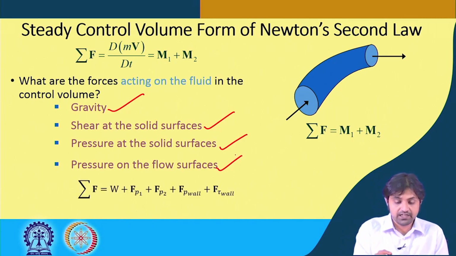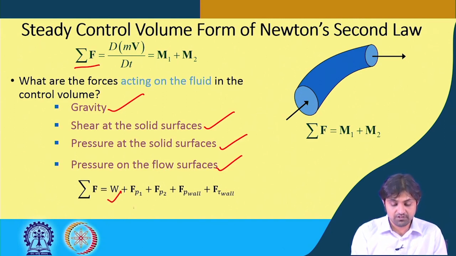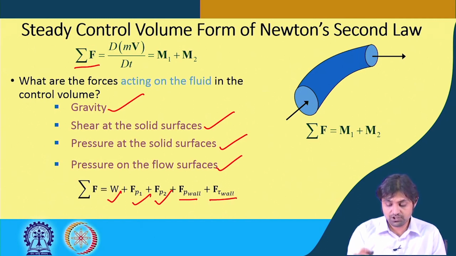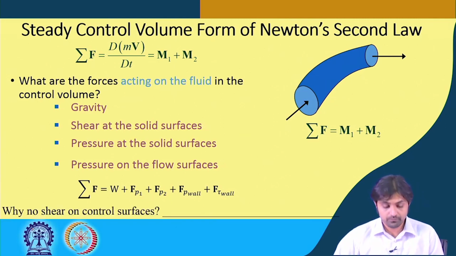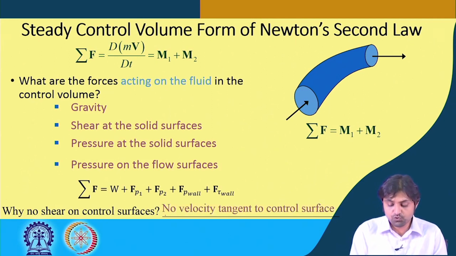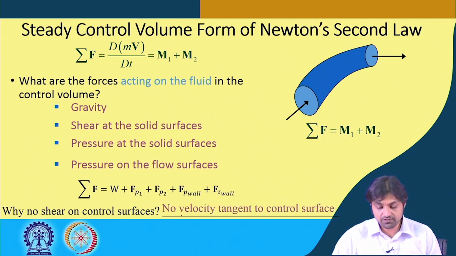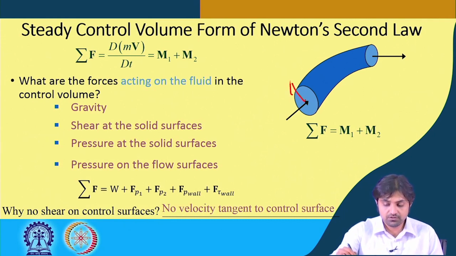So, we can simply write sigma F as the weight W due to gravity, pressure forces, and the force due to pressure at the wall and shear at the wall. Why is there no shear on the control surface? Because there is no velocity tangent to the control surface.